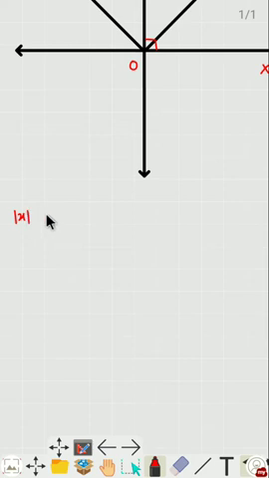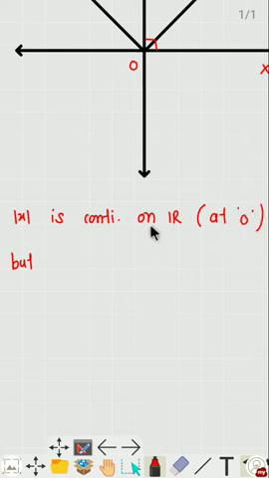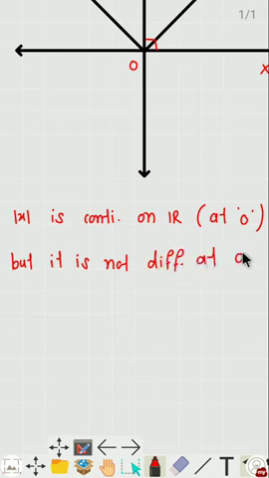The mod x function, mod x, is continuous on R, therefore it is continuous at 0, but it is not differentiable at 0.